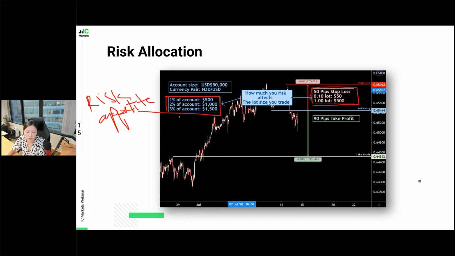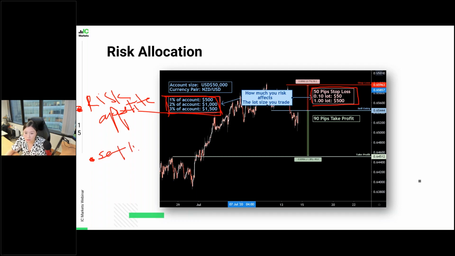For those who do not know how to calculate your lot sizes, later I'll have an example, so give me some time. Number one, you need to understand your risk appetite. How many percent are you willing to risk? Then you also need to know where your stop loss is. You need to set your stop loss, because it's proper risk management.